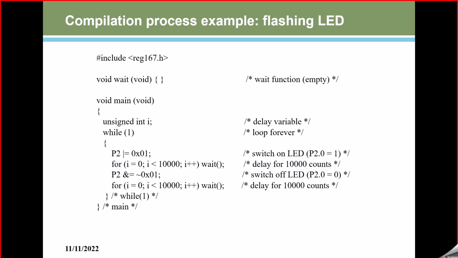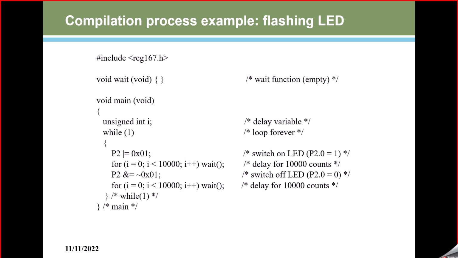So here reg167.h is one of the header files which has the controller specific information, nothing but registers. You remember that predefined variables in a microcontroller are called registers, like P0, P1, P2, TCON, T0. You remember we discussed in microcontroller?